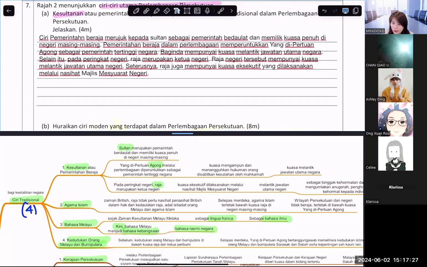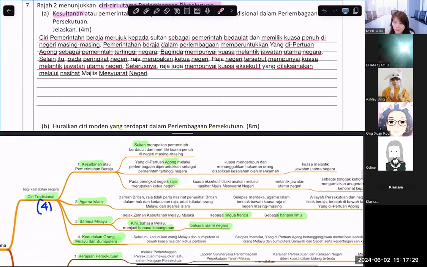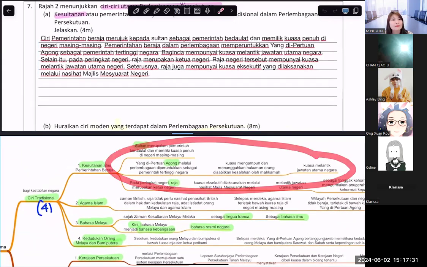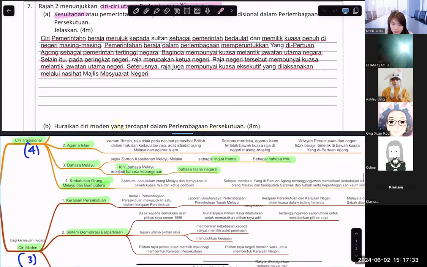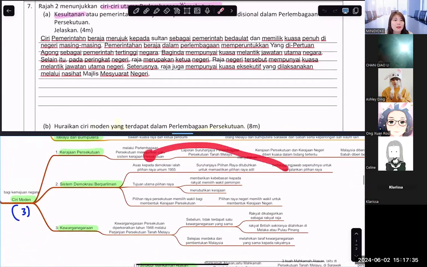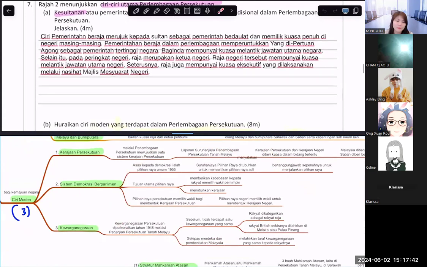So you just apply according to this part here. Same goes to ciri modern also. So for example, now I show you the answer. We go down straight to the ciri modern.